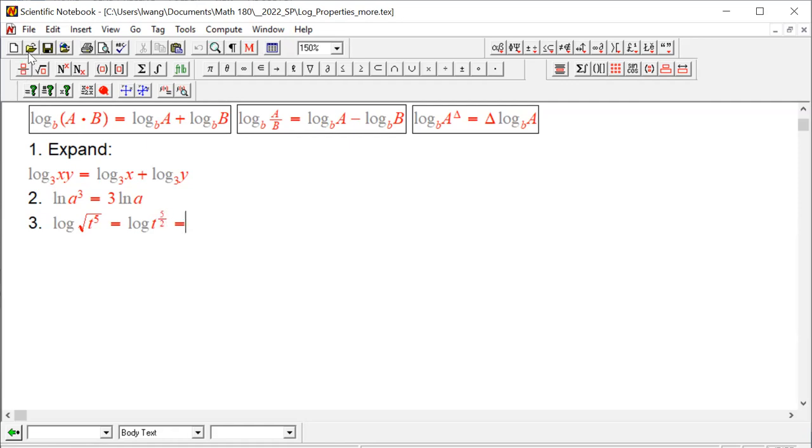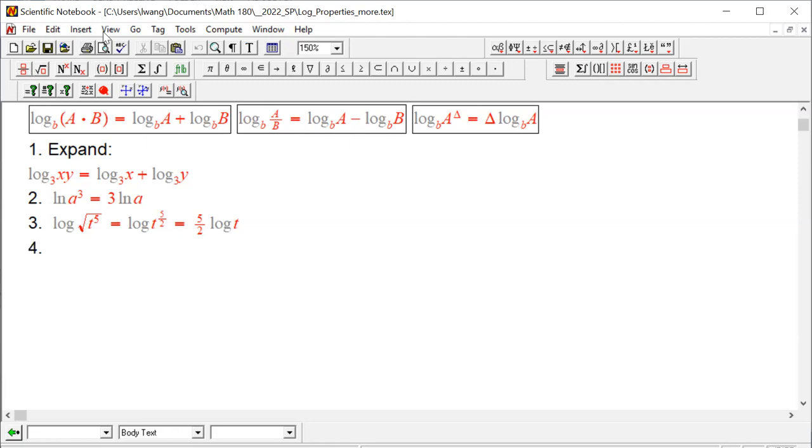And so in the end it is 5/2 times log t. Okay, so that's called expanding. So let's look at another example.